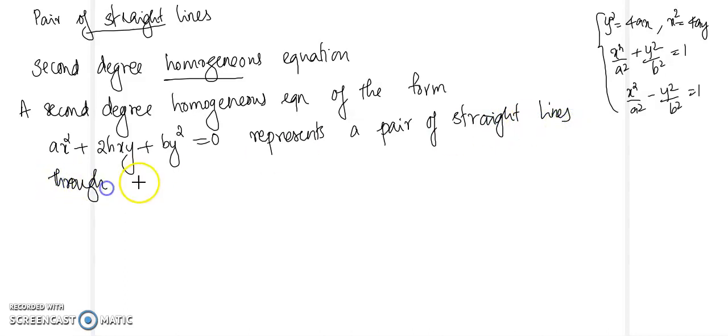So a pair of straight lines through the origin has an equation of the form ax square plus 2hxy plus by square equal to 0.